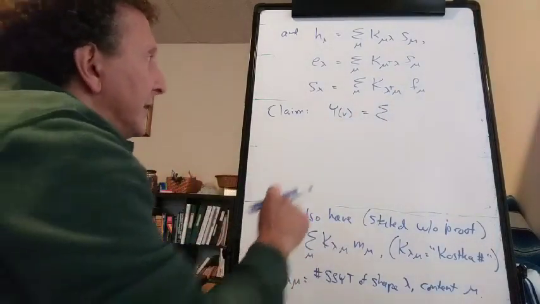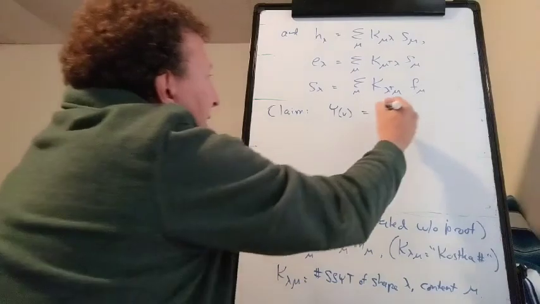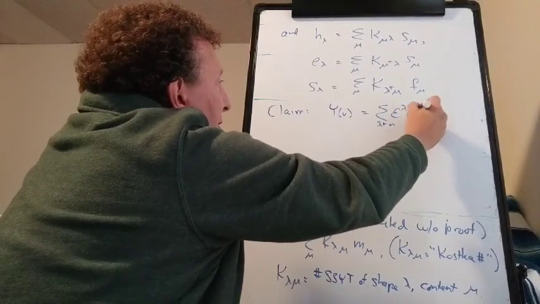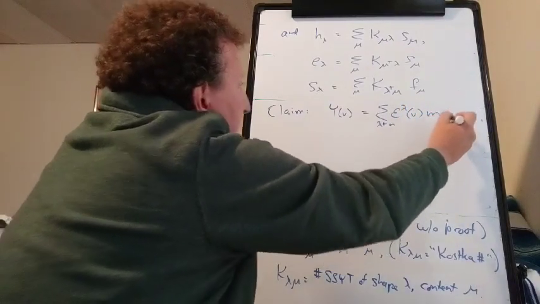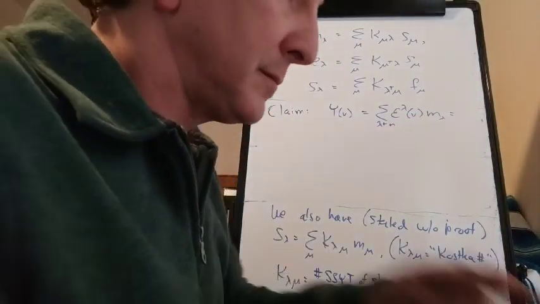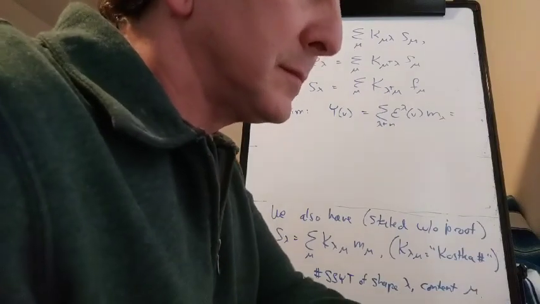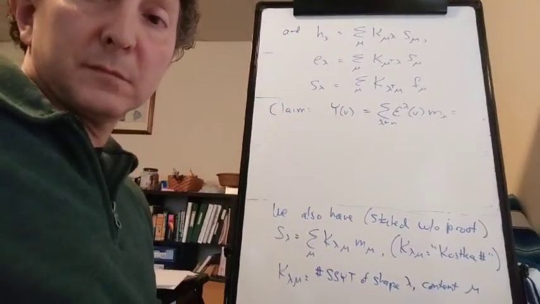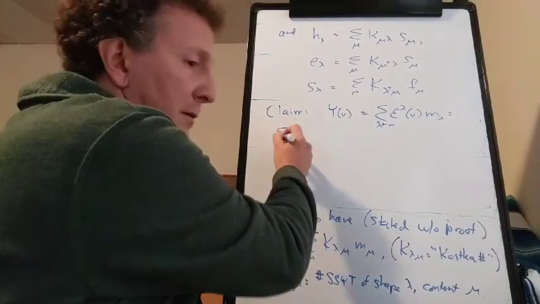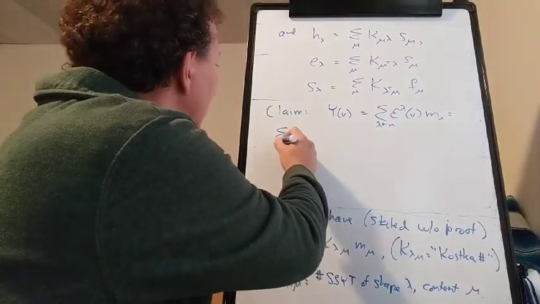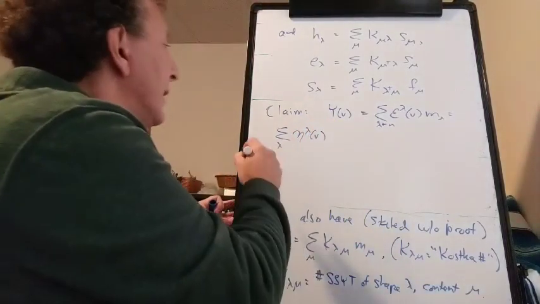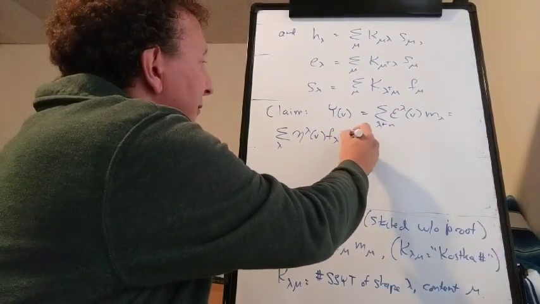Alright, so if we define this symmetric generating function y of v to be a sum over lambda partitioning n, epsilon lambda of v m lambda, then we also get, in the forgotten basis, eta lambda v f lambda.